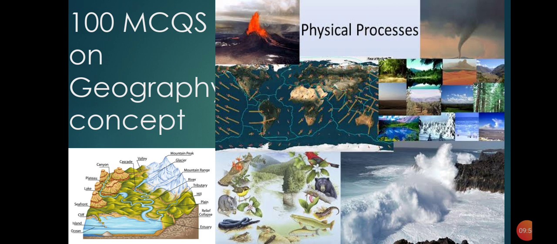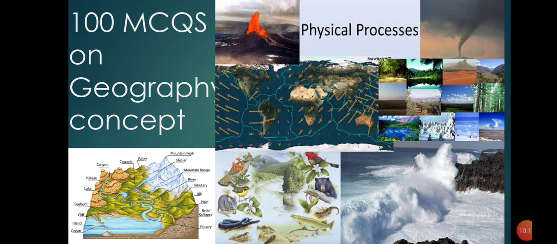The deflection is more when the wind velocity is high. It is maximum at the poles and absent at the equator, where with increase in latitude, Earth's rotation velocity decreases.